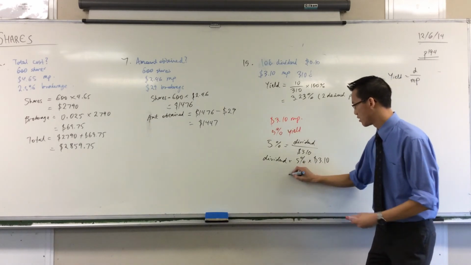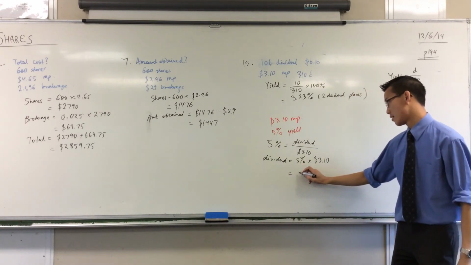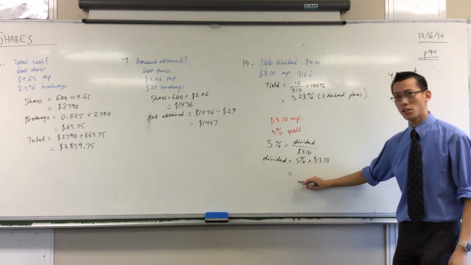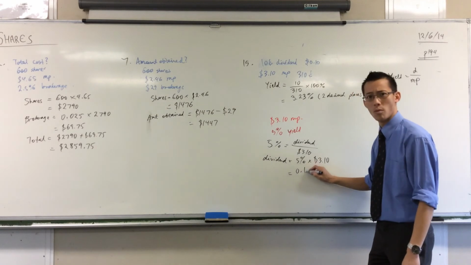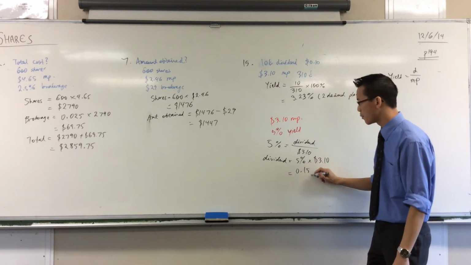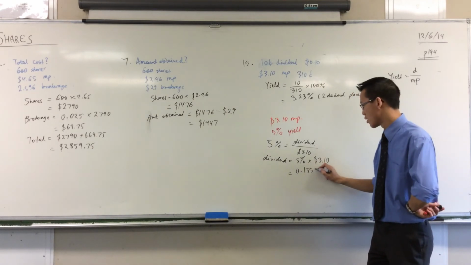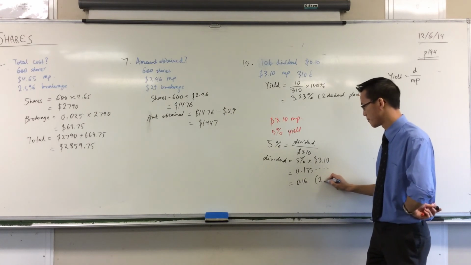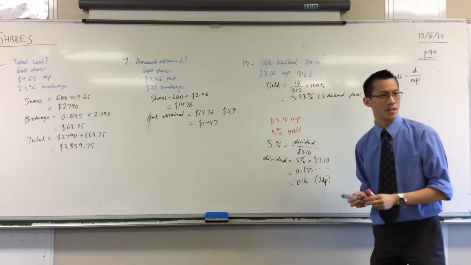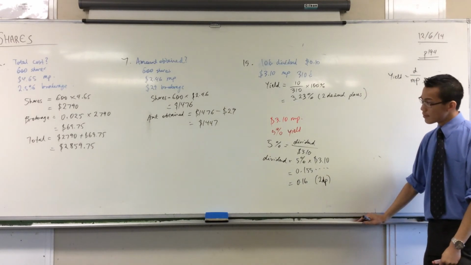And then what do you get? I think you're going to get, will it be 0.155? So that would be, this is cents, isn't it? So that would actually be 16 cents, wouldn't it? Because they're not going to pay you half a cent. So that's the way that works.